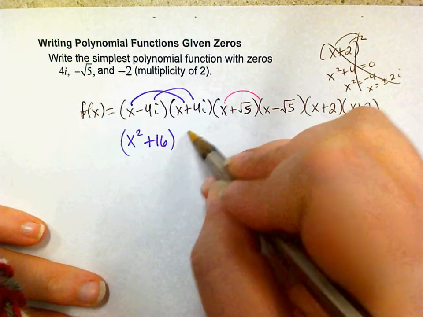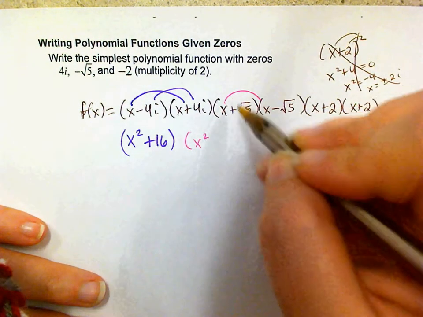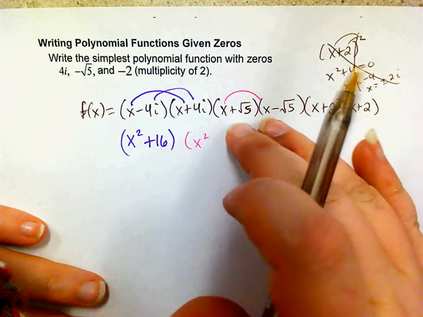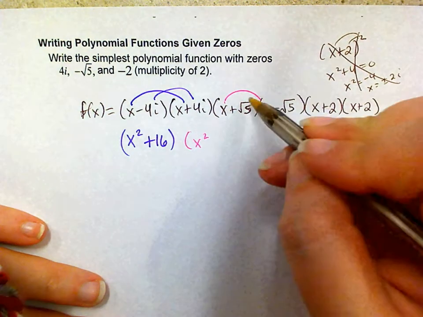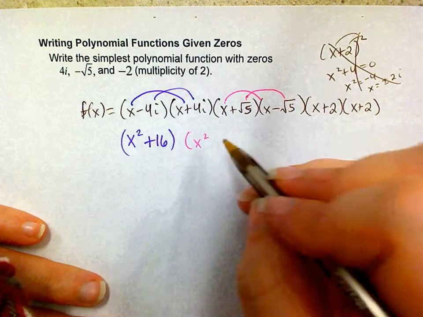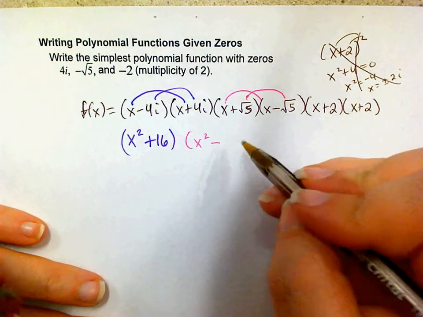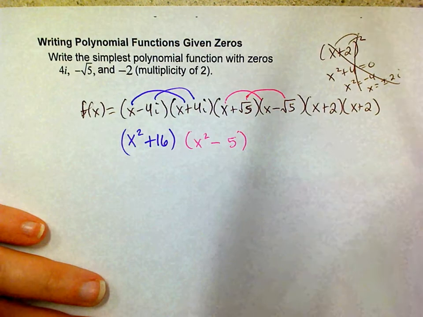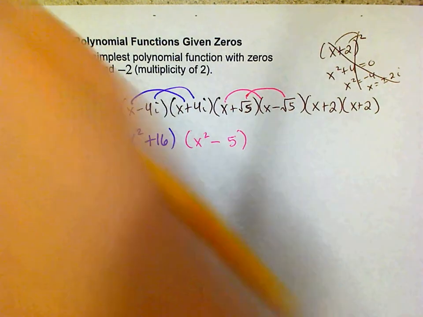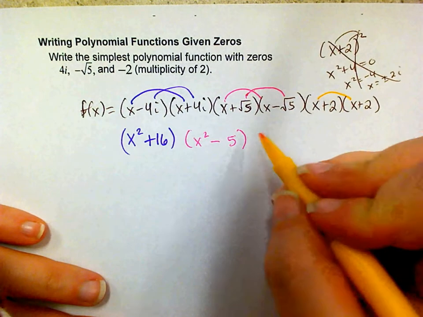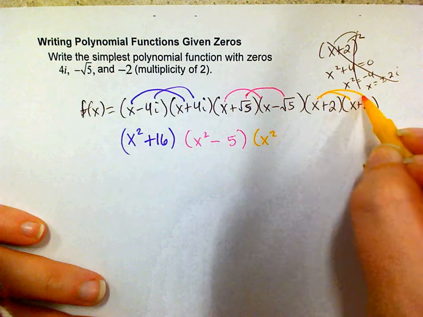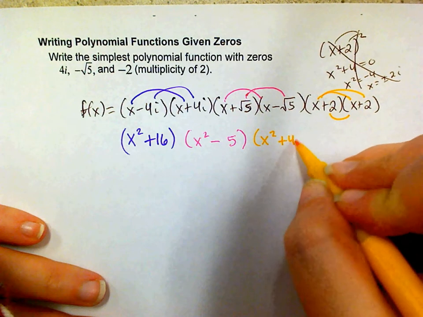A negative square root of 5x and a positive square root of 5x cancel each other out, so I'm just left with square root of 5 times negative square root of 5, which is a negative square root of 25, which is negative 5. And then x plus 2 times x plus 2 is x squared, plus 2x plus 2x is plus 4x, and plus 4.